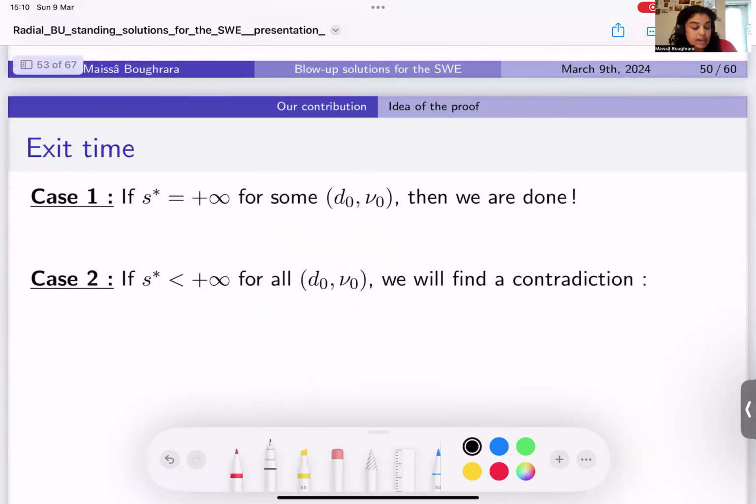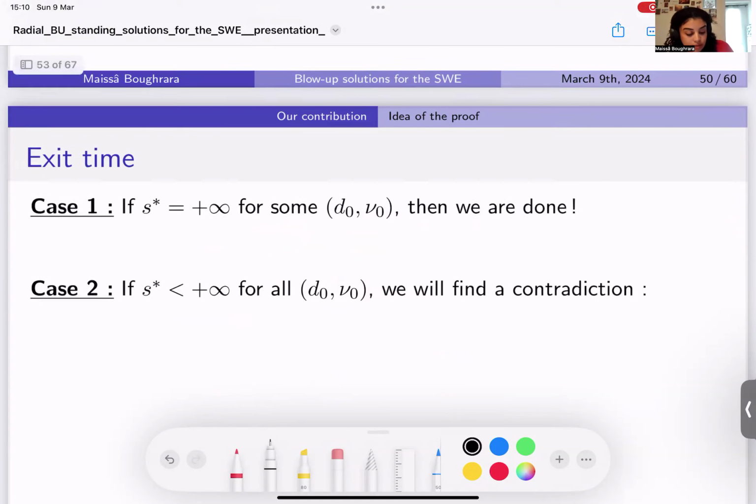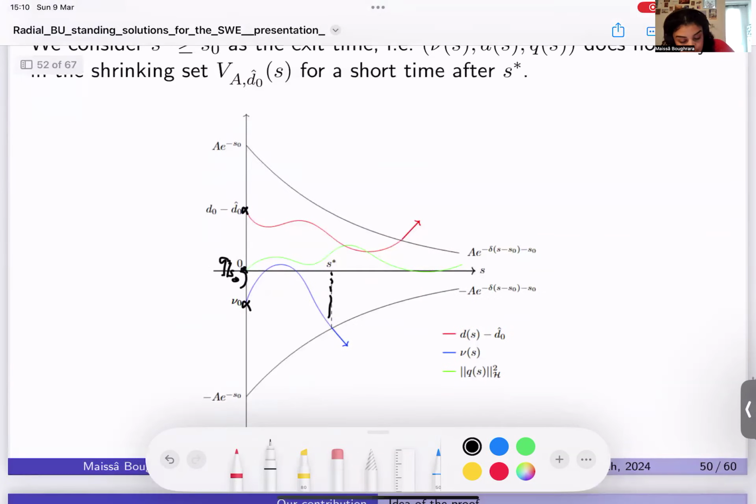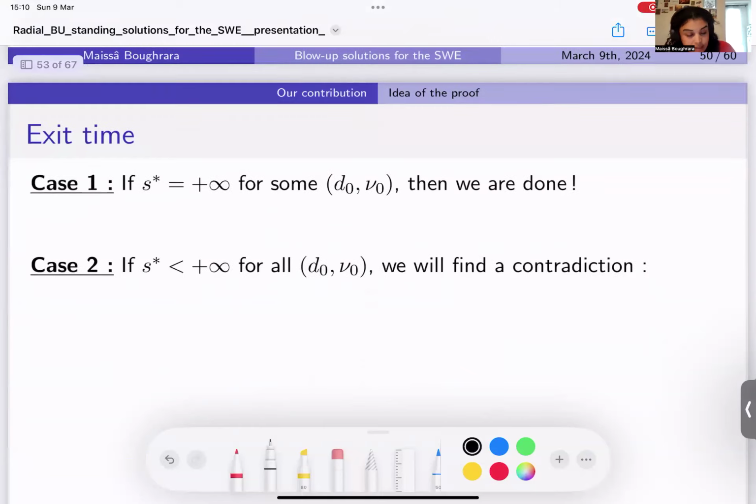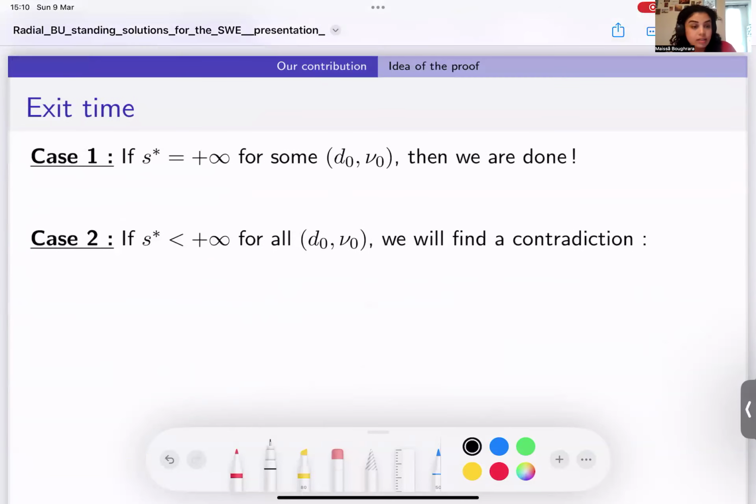Okay, so either S star is gonna be infinity, then for some D0 and nu 0, then we are done. So if S star is infinity, it means that they all three stay inside. So there is nothing to do. If S star is strictly less than infinity, then here we need to find a contradiction.